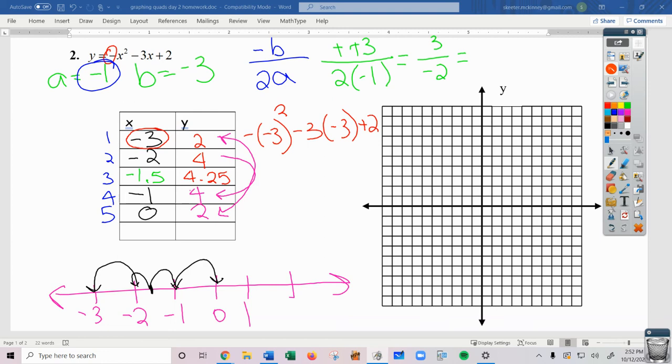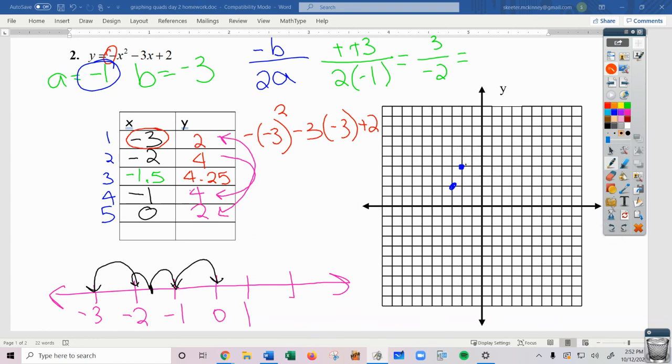So I'm going to plot the point -3, 2. So I'm going left 3, up 2. Now we're going to plot -2, 4. And that's up here. Now this next point, we are going to have to approximate a little bit. We can't change the location of the vertex. So we're going -1.5, 4.25, which is going to be up here in between.